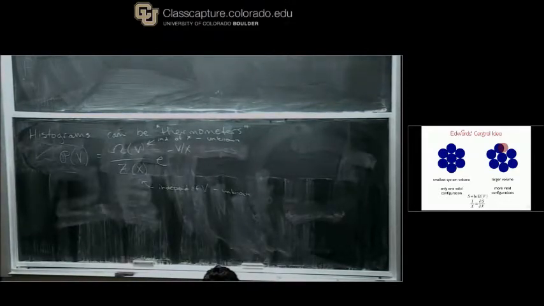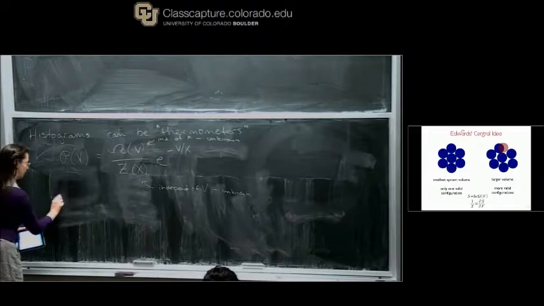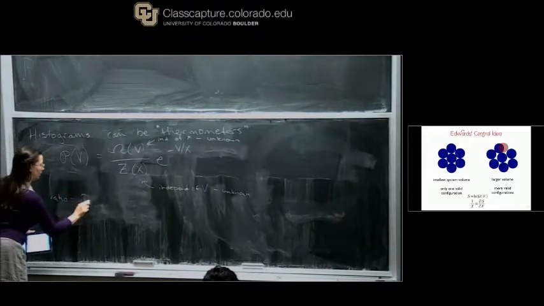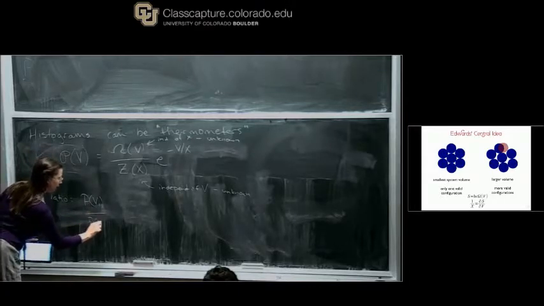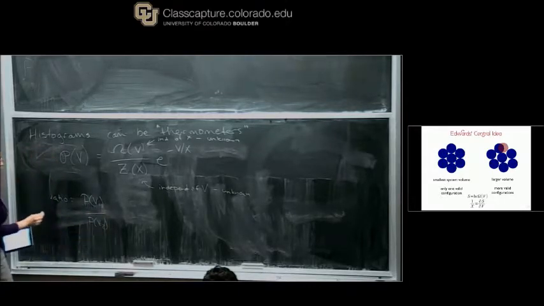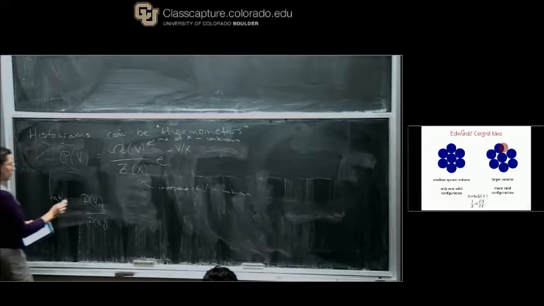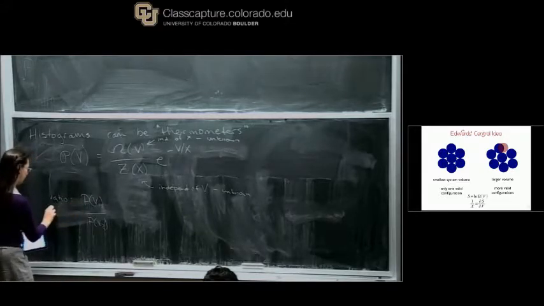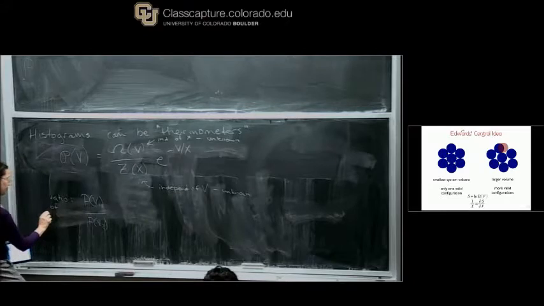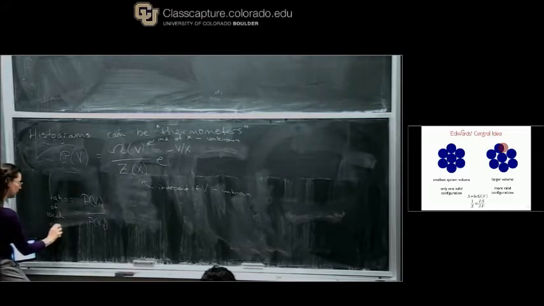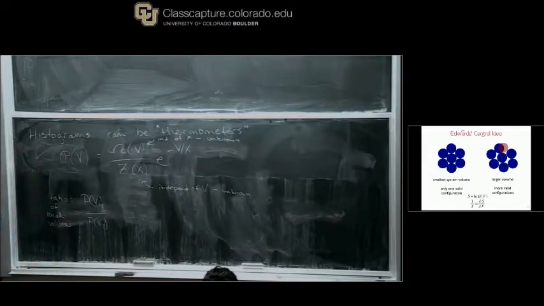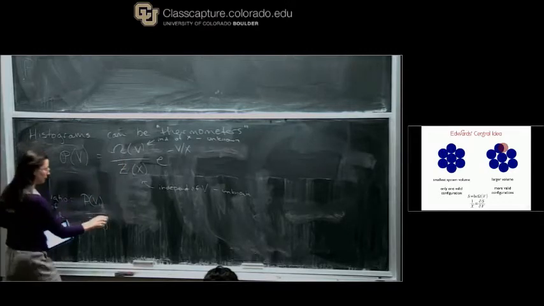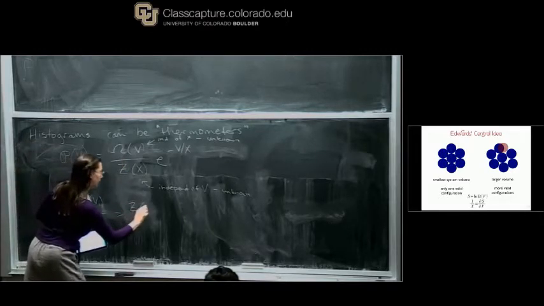But if I look at a ratio, so I make two measurements, what are my histograms of? This is the histogram ratio of local volumes. If I look at this ratio, some things are going to cancel out, namely this.